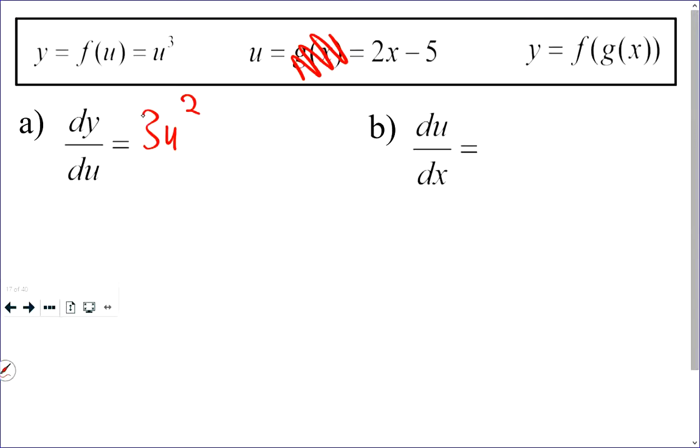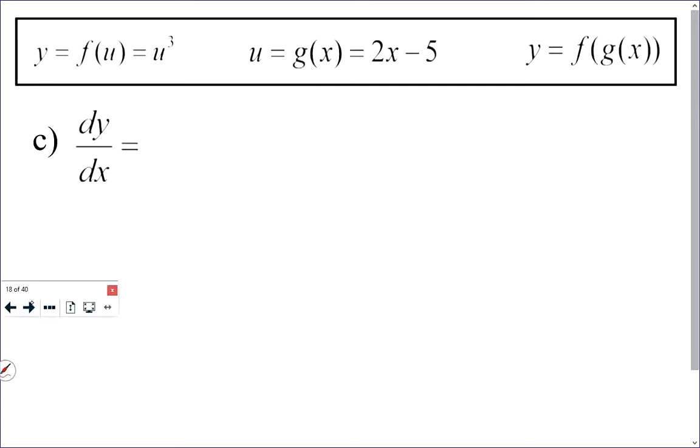But it's 3u squared, definitely. Ben, what would the derivative of u with respect to x be? It'd be 2. So you're hopefully getting kind of a handle on how to differentiate other variables than y with respect to other variables, right?